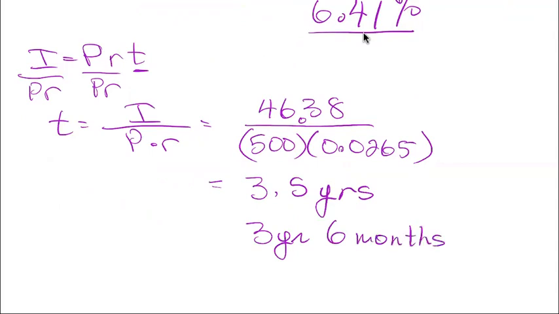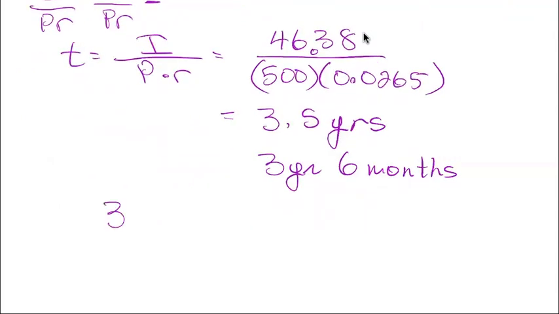Half a year is 6 months. If you ever have to convert this decimal portion to years, you take your decimal portion, 0.5, and you multiply by the number of months in a year.